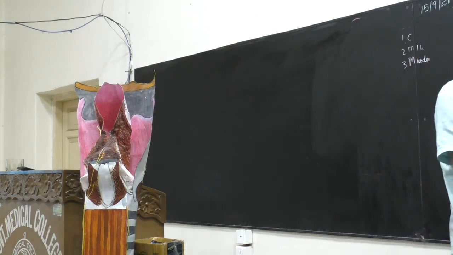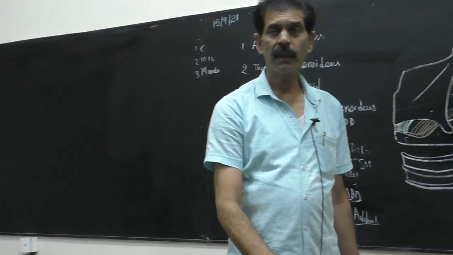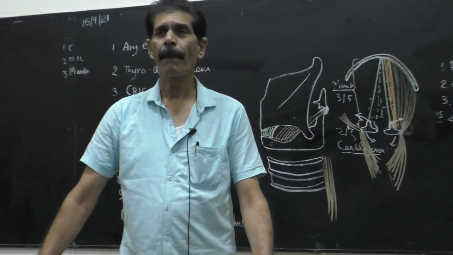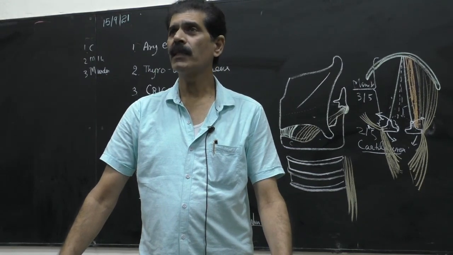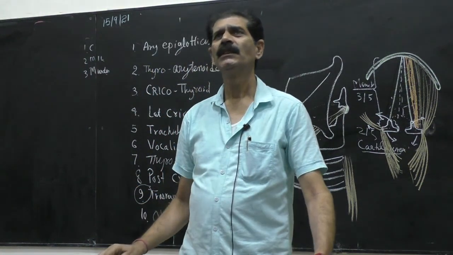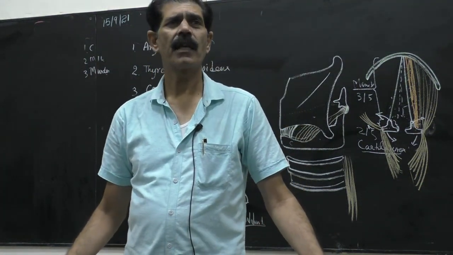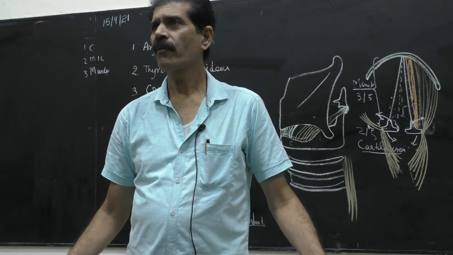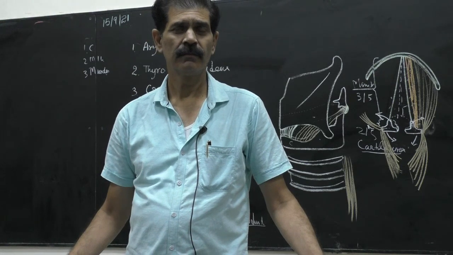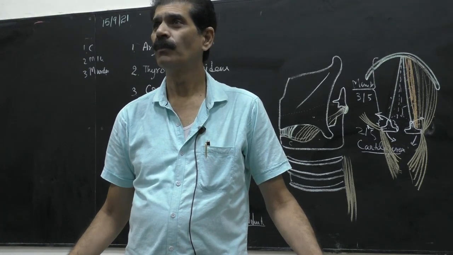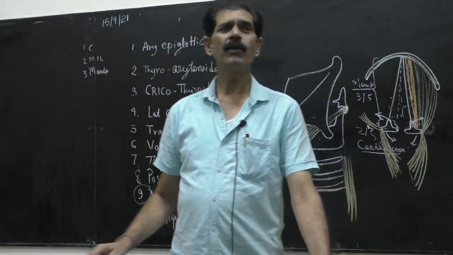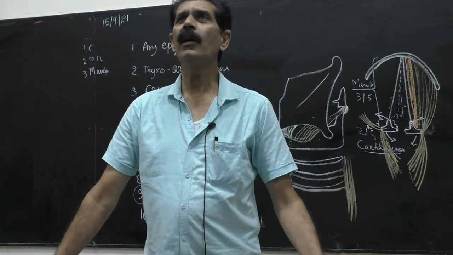So this is how we do it: whenever a question on the muscles of the larynx comes, we have to explain these 10 muscles in detail. Now out of all these muscles, the ninth muscle is very special, that is the transverse arytenoideus. Number one specialty, this is the only unpaired muscle. All other muscles are two, right and left, but this is a single muscle. Number two specialty, it has dual nerve supply.